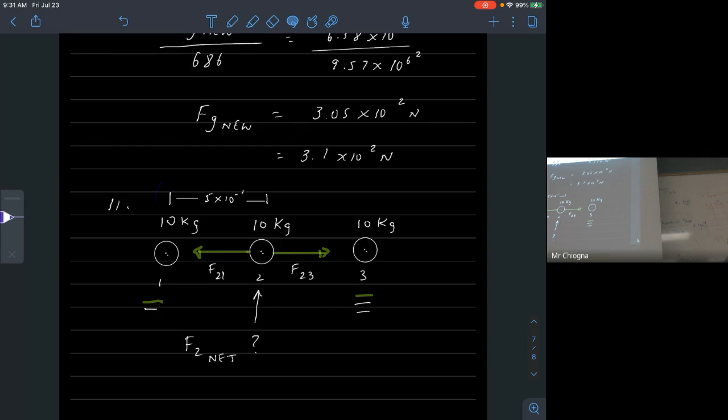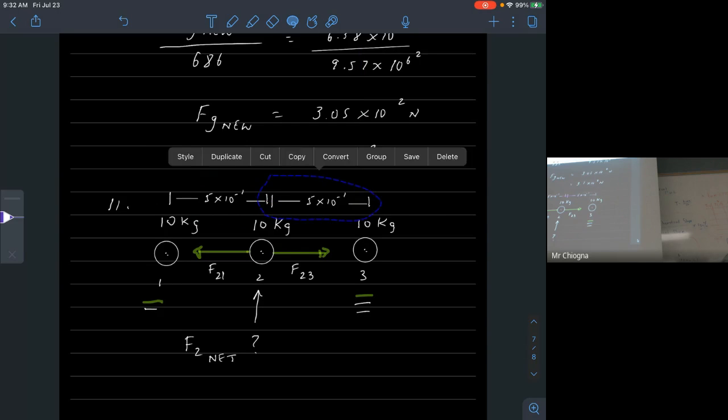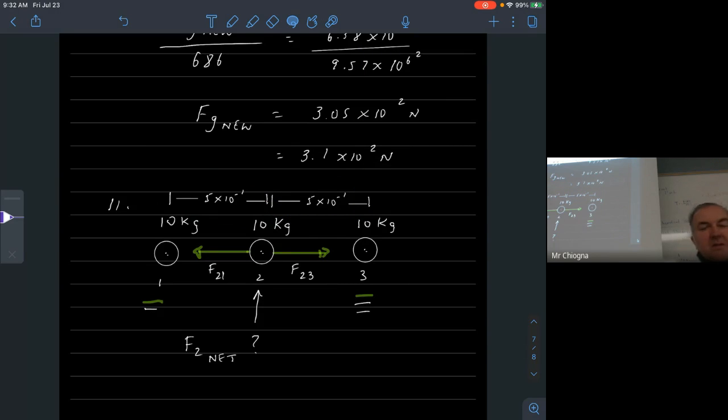Same distance. Same force in magnitude, opposite direction. So they're going to cancel each other out. Zero.